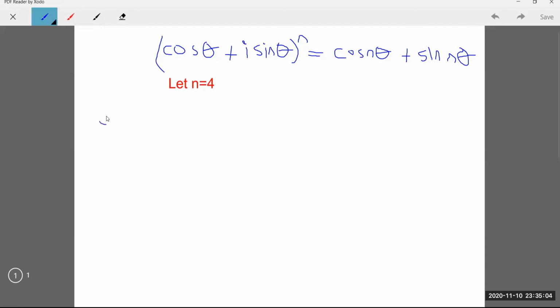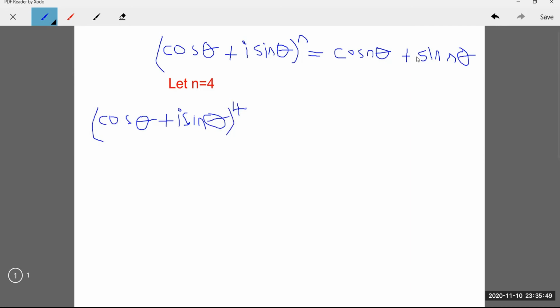So we're going to get cos theta plus i sine theta to the 4th power, and that's equal to cos 4 theta plus i sine 4 theta.